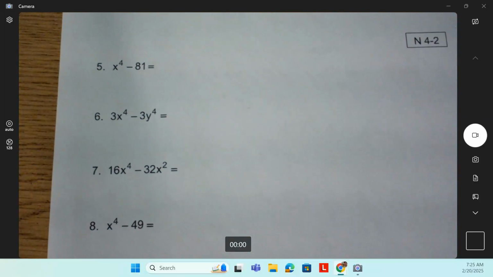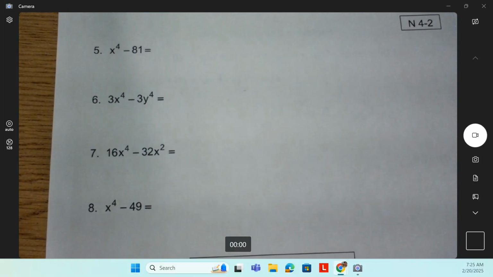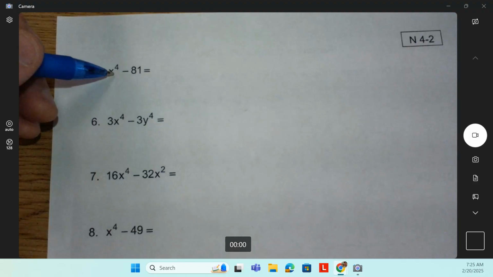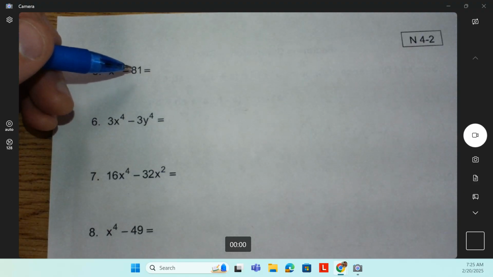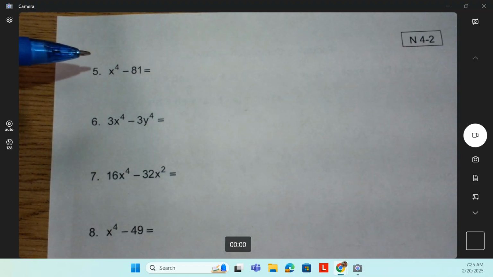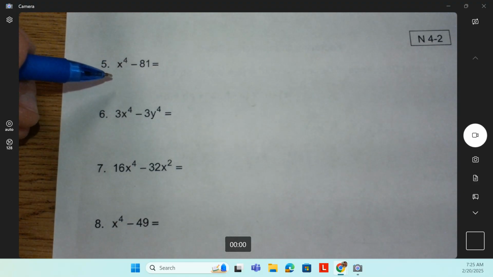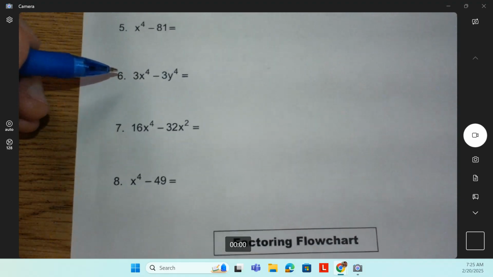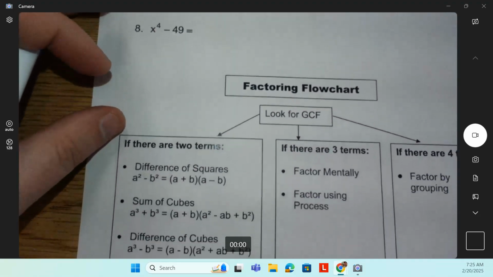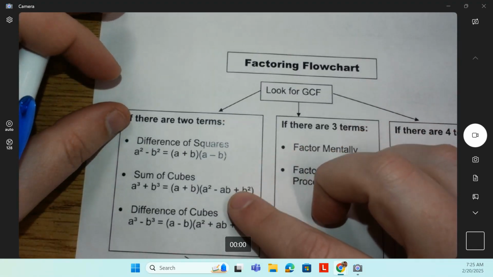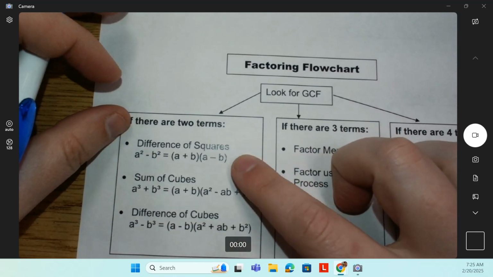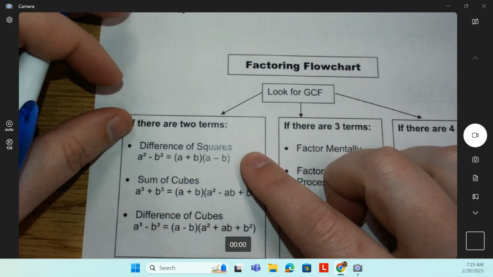Okay, on the back, we get to a little bit of a decision time. Now I've got x to the fourth and 81, which neither one of those split up into groups of 3, and there's not a greatest common factor, so it's not going to be sum of cubes or difference of cubes, it's going to be difference of squares.